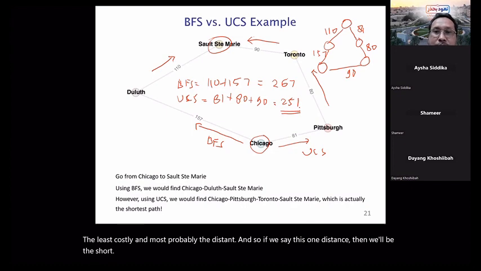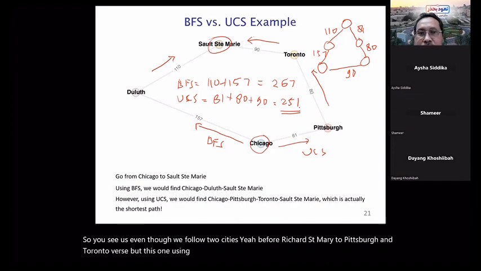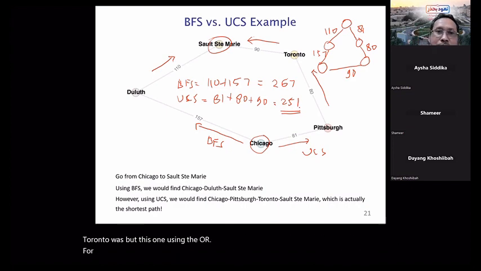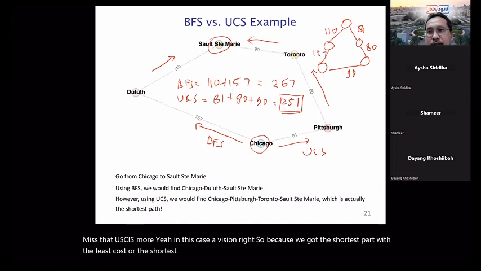Even though we go through two cities, Pittsburgh and Toronto, before reaching St. Mary, while the Duluth route has only one city, the distance or the cost is still higher than the other one. So UCS is, in this case, more efficient, because we got the shortest path with the least cost, or the shortest distance.